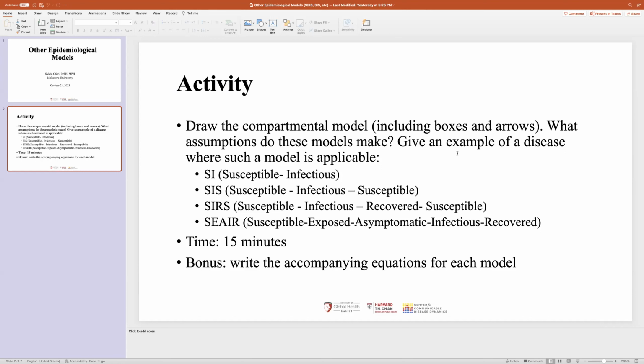Then also think about an example of a disease where these models may be applicable and what assumptions we are making using these models. And we have 15 minutes to work on that.